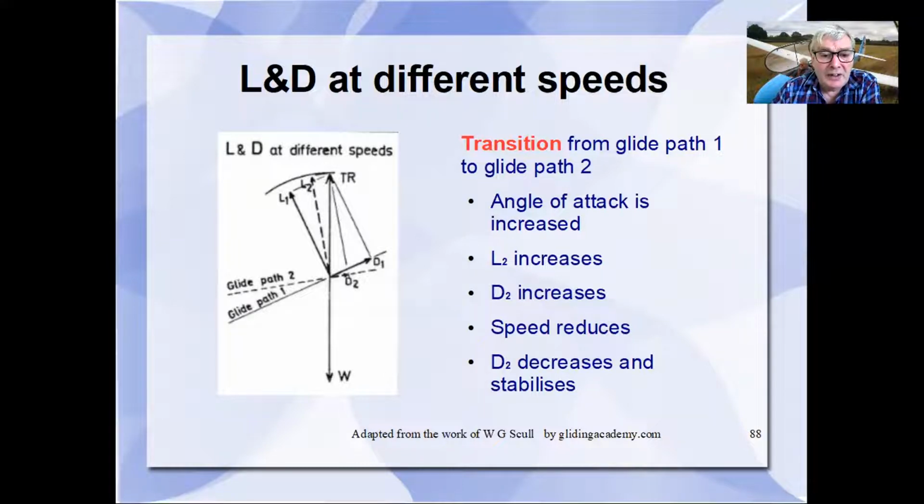Because we do that, the lift actually increases. The drag increases because we're manoeuvring, moving a control, and the speed reduces. As the speed is reducing, the drag progressively decreases again until the drag is stabilized at a new value.